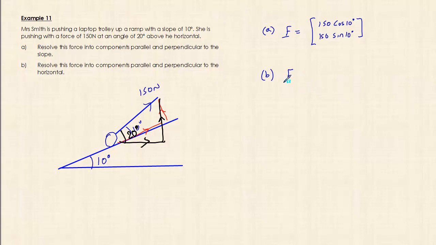So now F would resolve into 150 cos 20 and 150 sine 20. It's worth noting here that I have decided to write this in a column vector form, where in both cases the top number is going to be the parallel situation and the bottom number is the perpendicular situation. You may have decided to notate this differently.